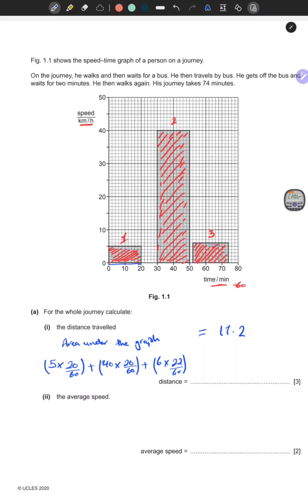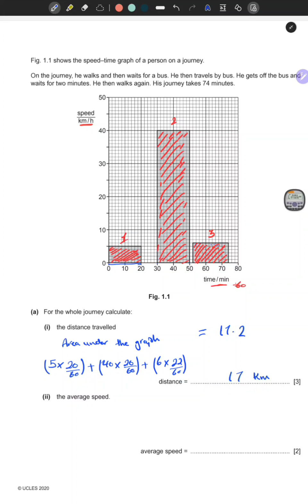Since all the units here are written in whole numbers, with no decimal numbers, rounded it will be 17 kilometers. 17 kilometers.